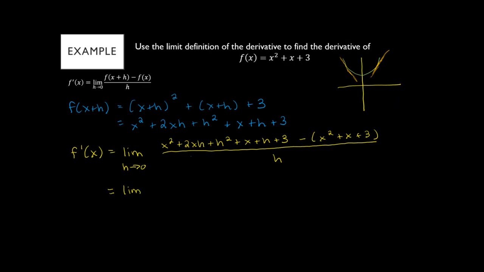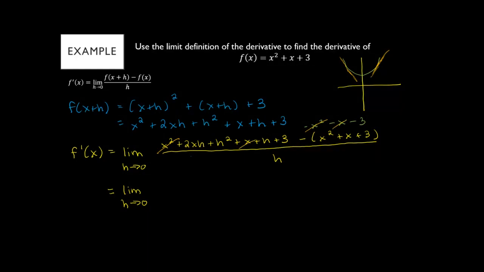So we need to simplify the top here. I'm going to start by distributing my negative, but what some people do is they will just write it above like that, so that they don't have to rewrite every step so much. So you can say, okay, that's actually negative x squared minus x minus 3. And we have things that cancel out. This x squared, that will be minus x squared, those cancel.